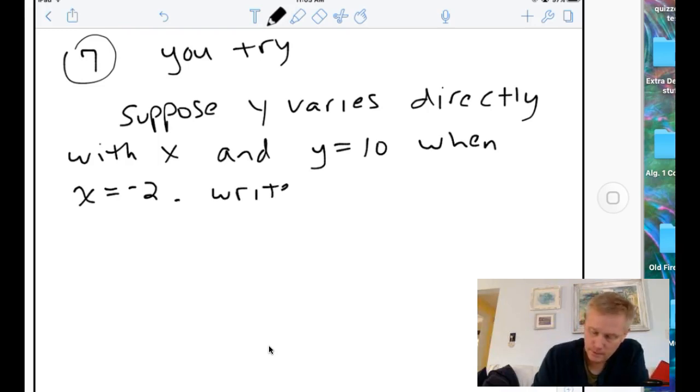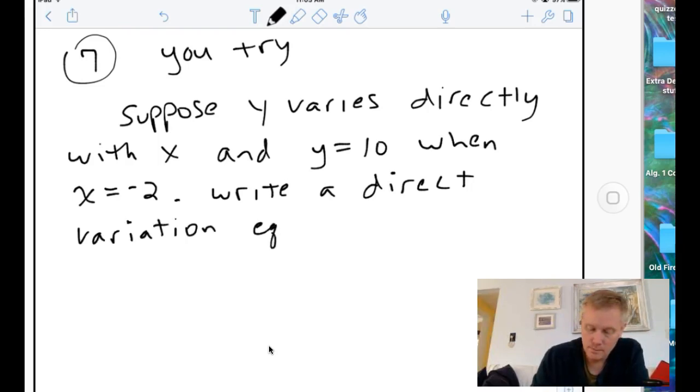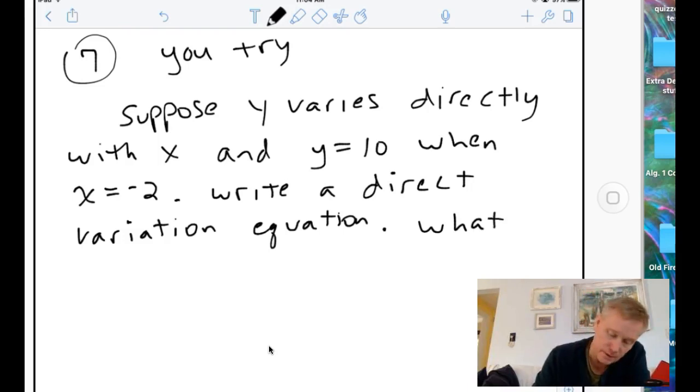Write a direct variation equation. And the second part is, what is y when x is 6?